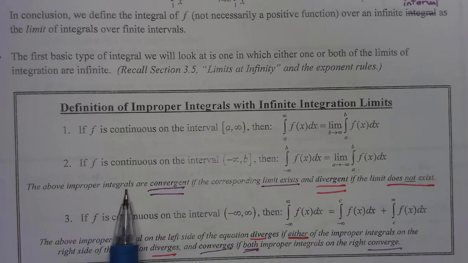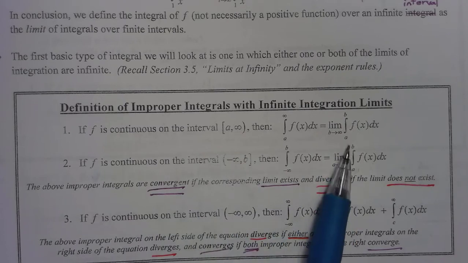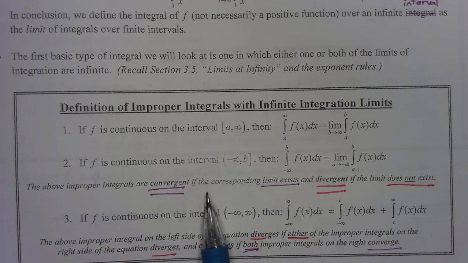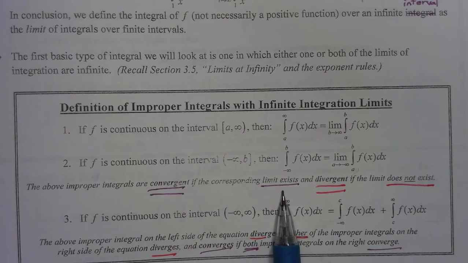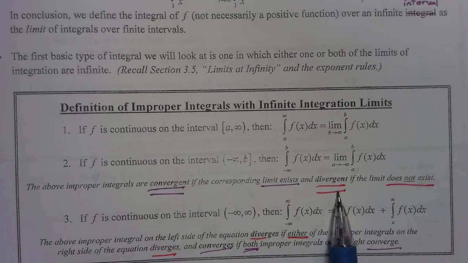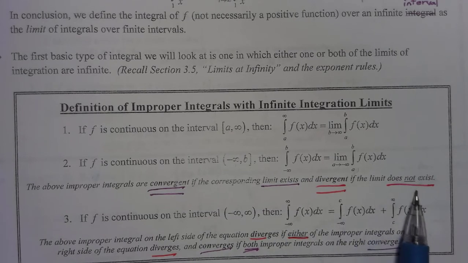The above improper integrals, both of these, are convergent if the corresponding limit exists, and they are divergent if the limit does not exist. If f is continuous on the interval negative infinity to infinity, then the integral from negative infinity to infinity of f of x dx is the integral from negative infinity to c of f of x dx plus the integral from c to infinity of f of x dx.